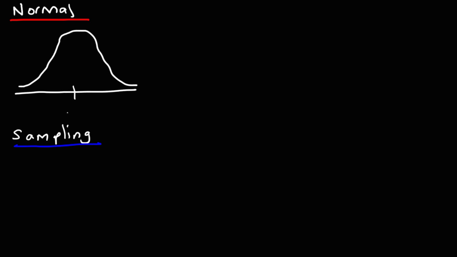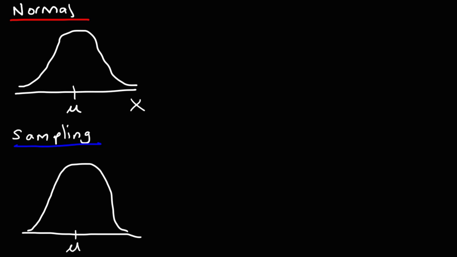It has the population mean mu and the random variable x. The sampling distribution, if n is large enough, will have approximately the same shape, but with the standard deviation of the sample means, mu x bar. And on the x-axis, instead of x, it's going to be x bar, the means of each sample.